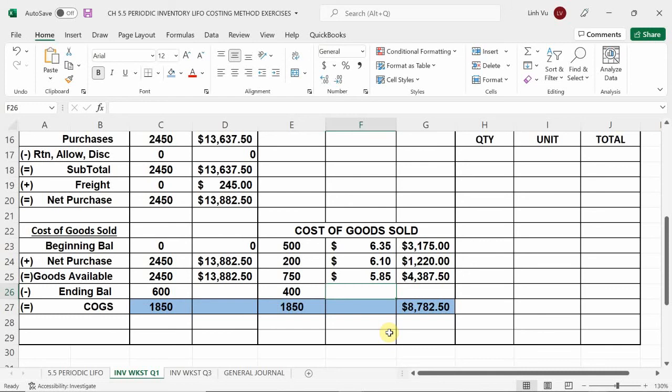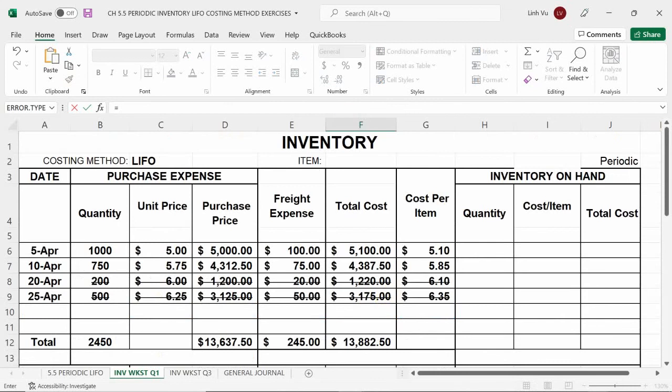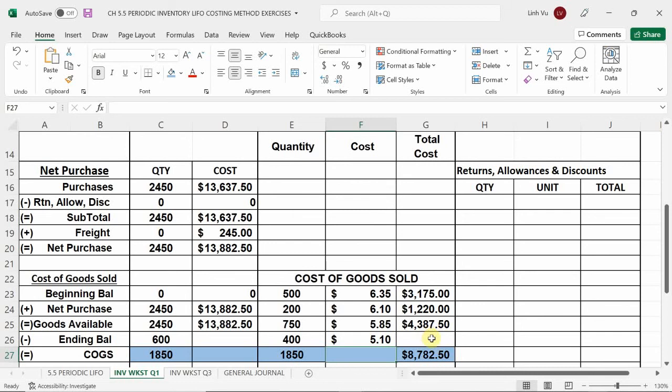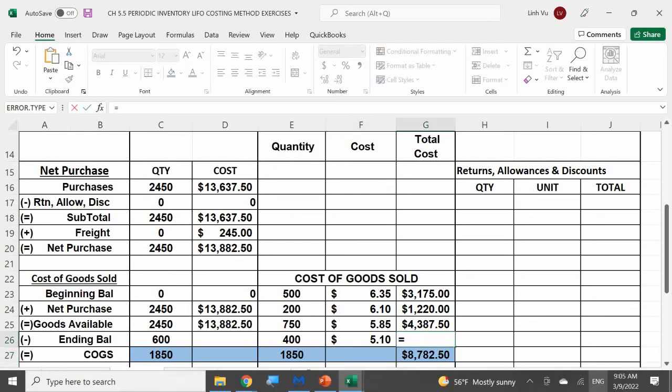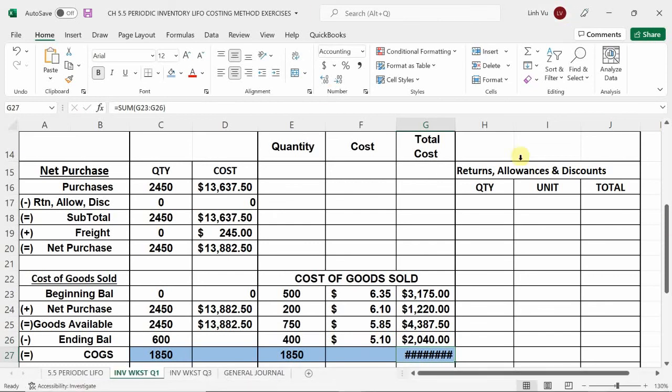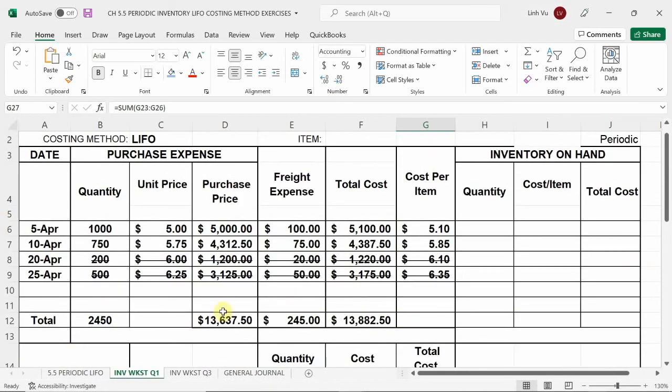So in this case, I only have one batch of inventory and it's going to cost me $5.10 each. So I actually need to figure out this number. I need to calculate how much it's going to cost me to sell 400 units at $5.10. 2,040. Okay? So that means I got rid of my second batch, but at the end of the day, my remaining batch is the very first batch that I purchased.